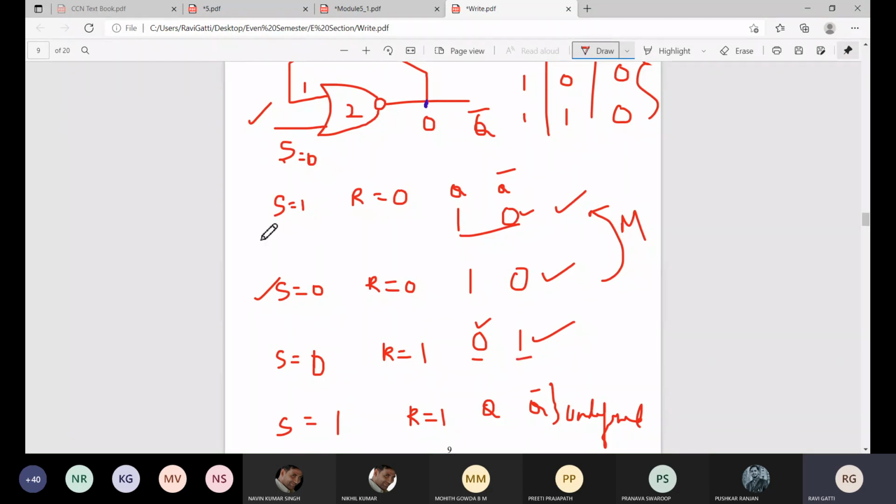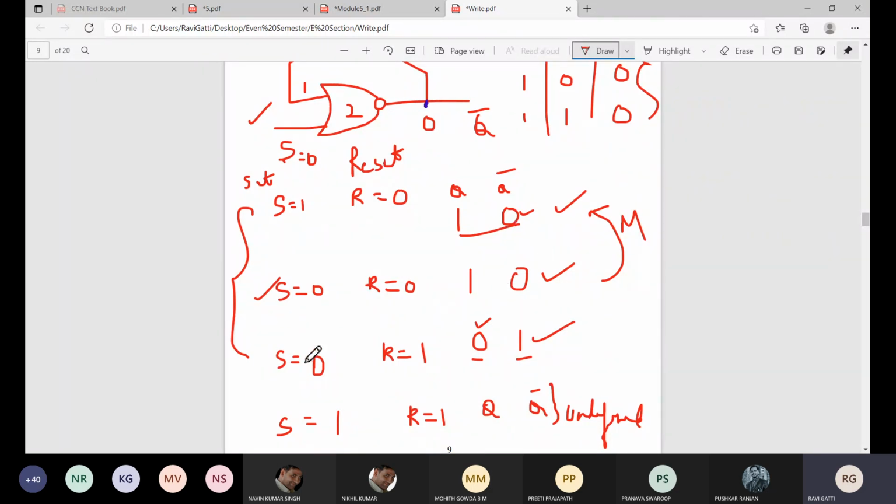From these three mechanisms, we can say that S corresponds to the set value and R corresponds to the reset value. When S is equal to 0 and R is equal to 0, you get the previous value only.